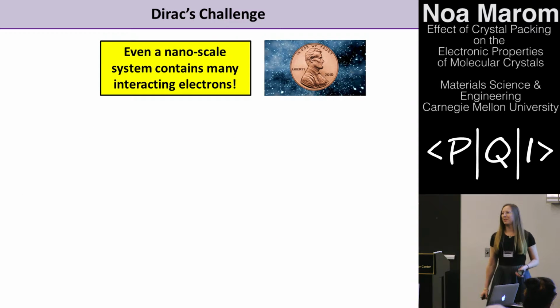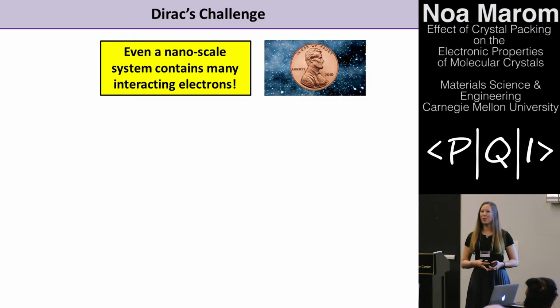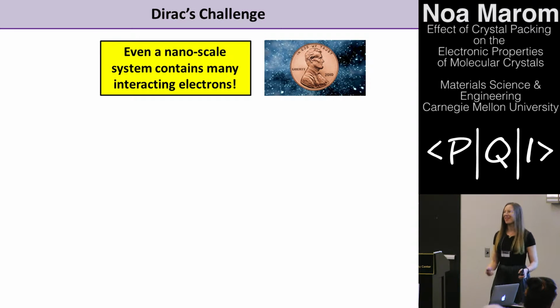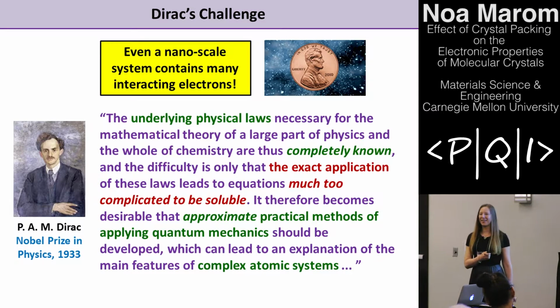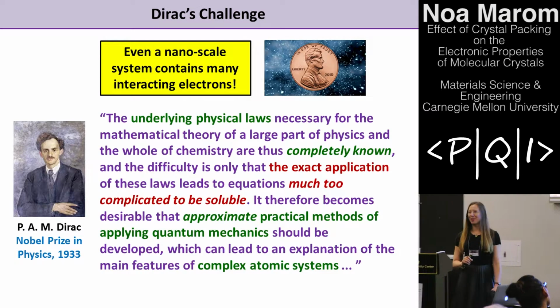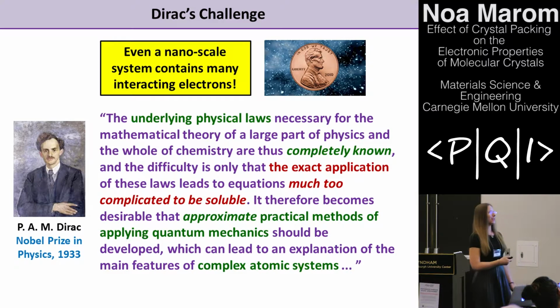And here, the challenge is that even in a very small system, there are many, many, many interacting electrons. In fact, there are more electrons in a penny than stars in the known universe. So that's the problem we have to deal with. And in Dirac's words, the laws of quantum mechanics are completely known.